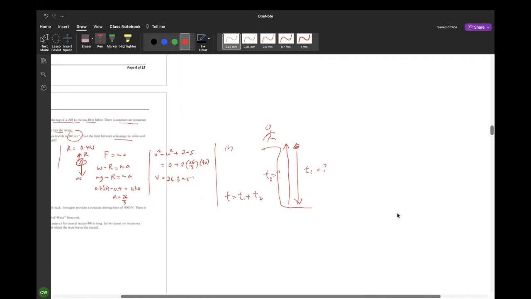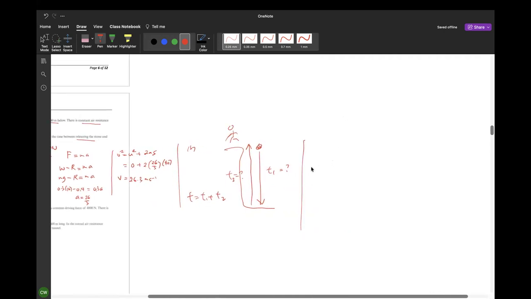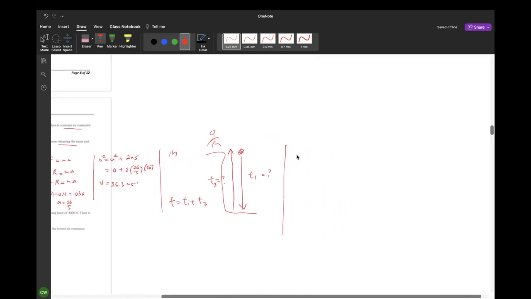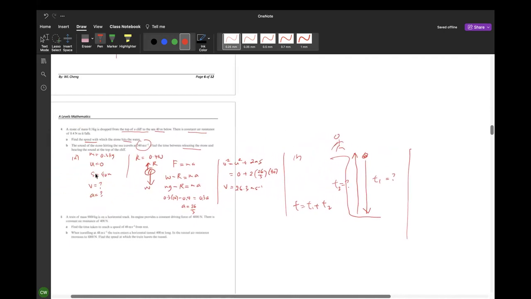Okay, need to figure out how long it takes. Going down, we have the final speed. We can also find from here.